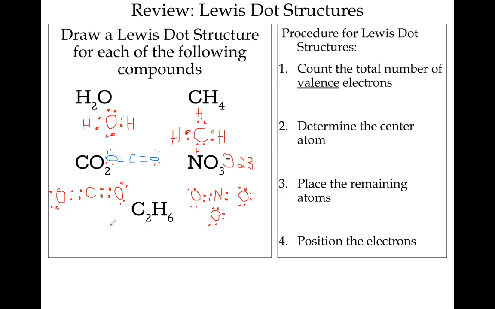And then finally, for C2H6, you're going to add that up. That's 2 carbons times 6, that's 12, plus 6 hydrogens at 1 each.